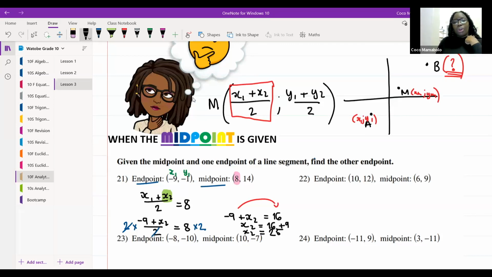Excellent. So we now know that the x coordinate of our endpoint is 25. We can then use the same strategy for the y coordinate of the endpoint. Instead of our answer being 8, what will our answer actually be?